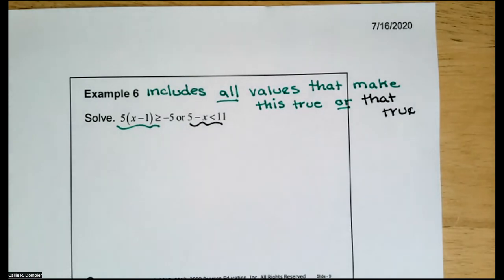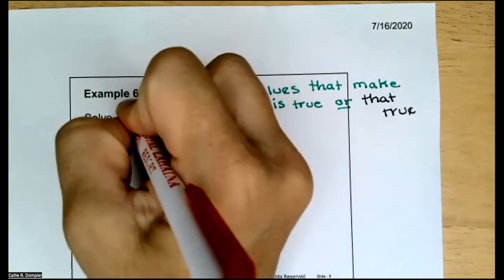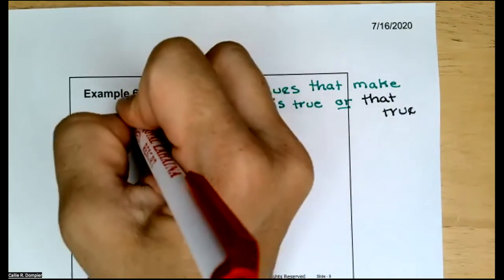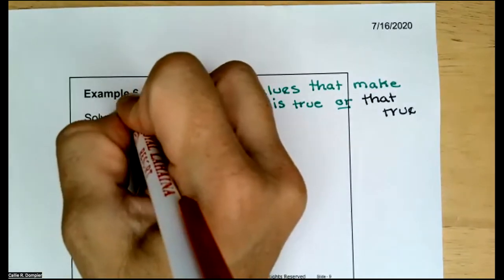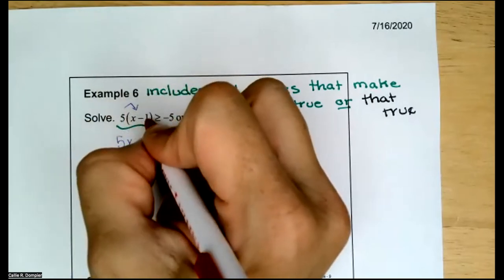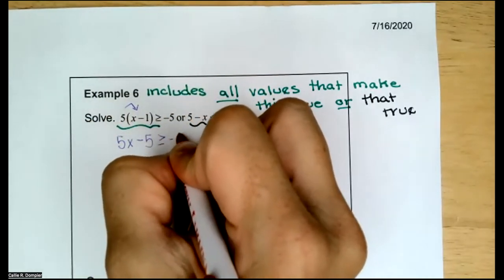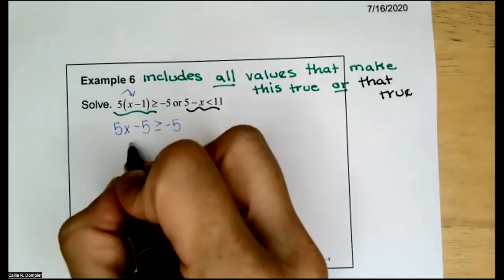Two minutes. Is that just too stressful? All right. 5 times the quantity x minus 1 is greater than or equal to -5. We're going to take the 5 and multiply it by x, and then we're going to multiply it by -1, so we get -5 greater than or equal to -5. Good.